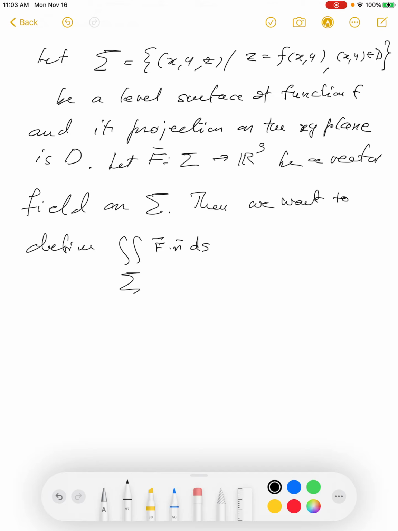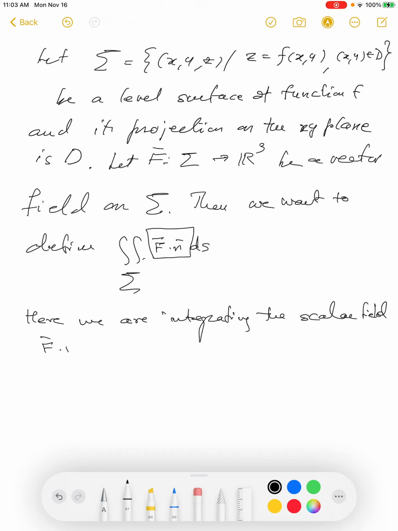So this is going to be a two-dimensional analog of what we saw, the flux integral along the curve. So the point is, all you are doing is integrating the scalar field f bar dot n bar over the surface sigma.